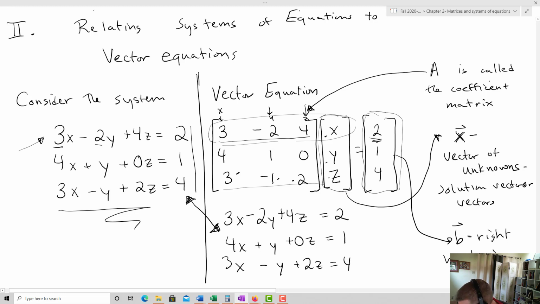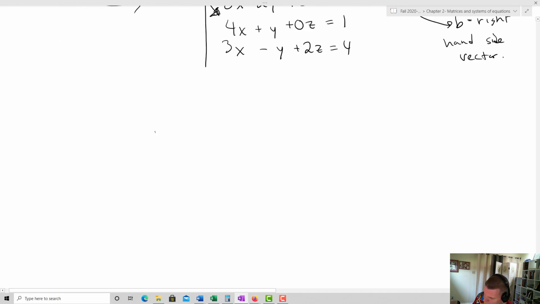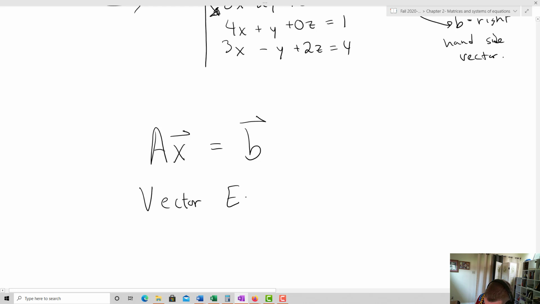Most of the time, we're going to call it B. If I make reference to B as a vector, I'm talking about the right-hand side vector. Just like if I use the term x, what I'm talking about is the vector of unknowns, the vector of our variables x's. And A is generally going to be thought of as our coefficient matrix. So what we end up with is one of the most powerful sets of symbols inside of this entire class. That is Ax equals B. This thing here is called a vector equation, and it is another way of writing a system of equations.